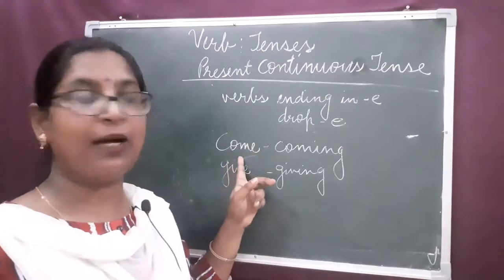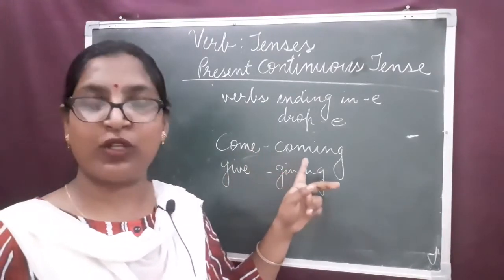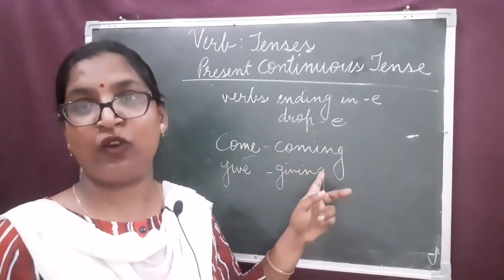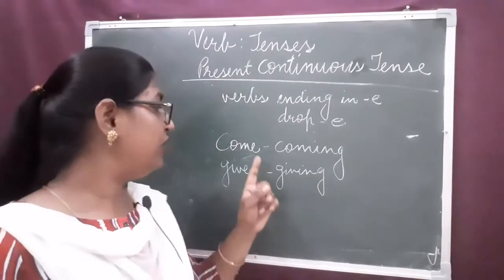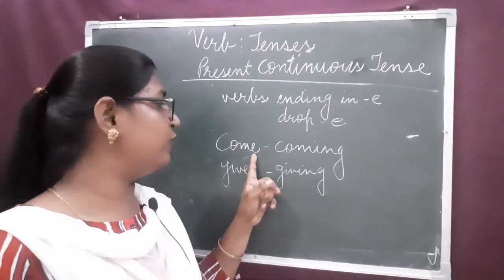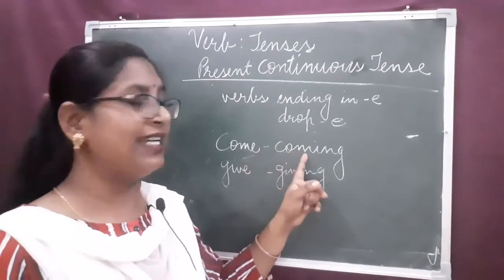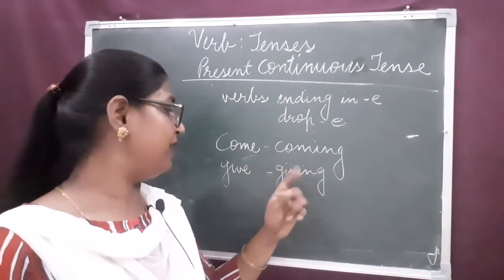Come. The verb come is ending with the letter E. When you add ing with it, when you make it present continuous tense form, present continuous tense form means ing form of the verb. So, in that case, when the verb is ending with E, we just drop the final E and add ing with it. Come, coming. Give.